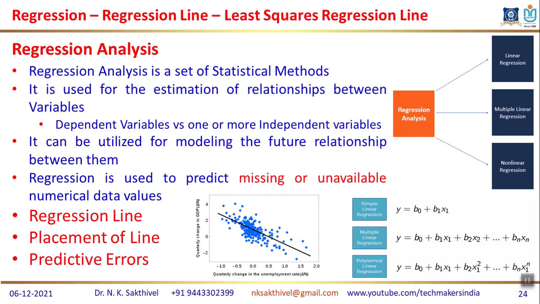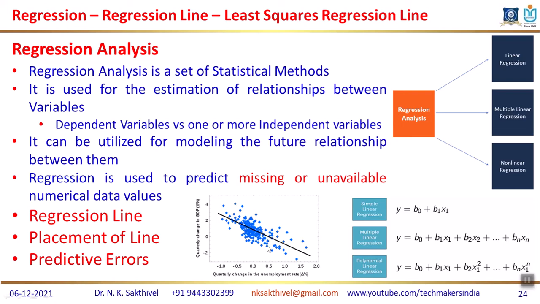And here the placement of the line is very, very important. Already I told you, I draw this line based on all the inputs using the linear mathematical model, and this line represents the entire data input. It seems like calculating the mean. That's not a mean, just for understanding I tell you.